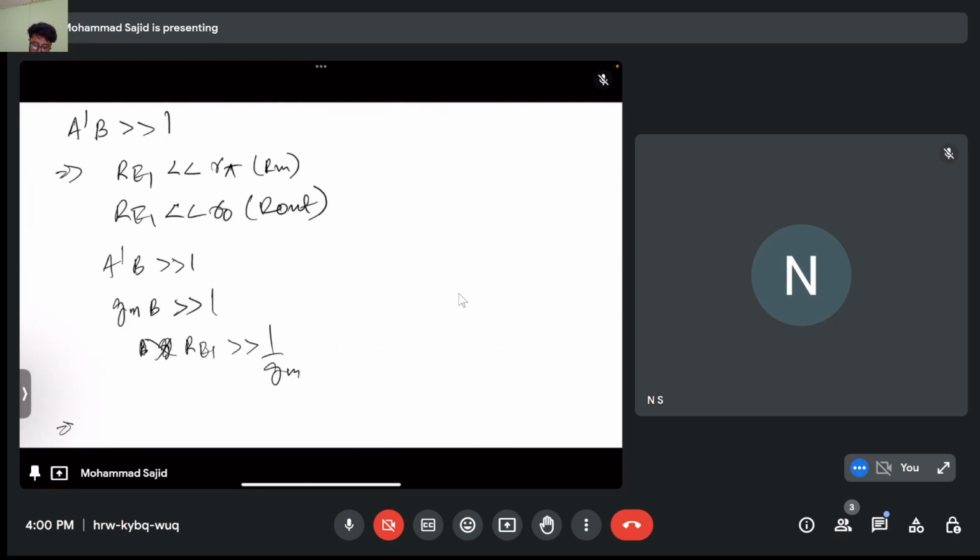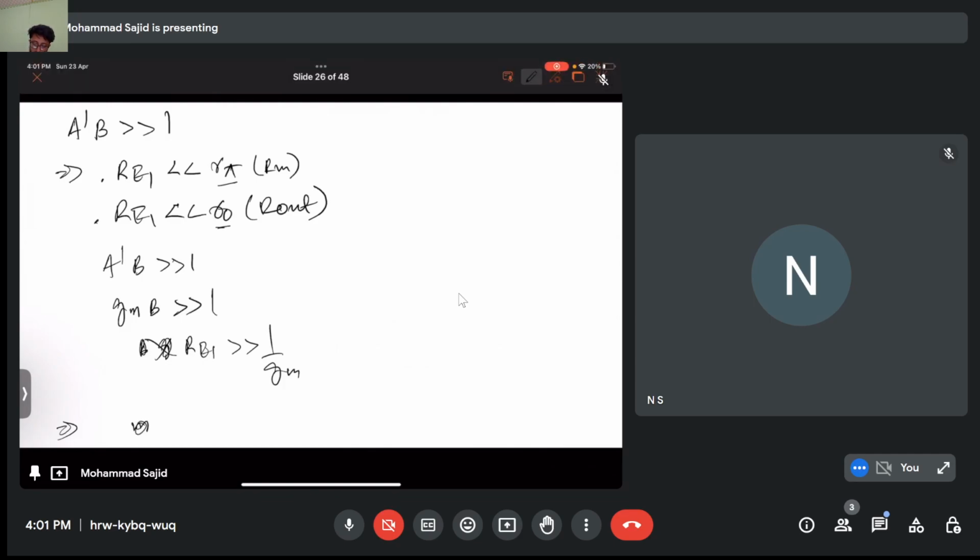So effectively, RE1 should be less than R pi and less than R naught. So it should be less than both of them, so we will take the minimum of the two, right? RE1 should be greater than 1 by GM and less than the minimum of R naught and R pi.